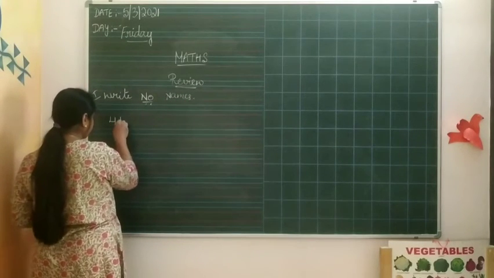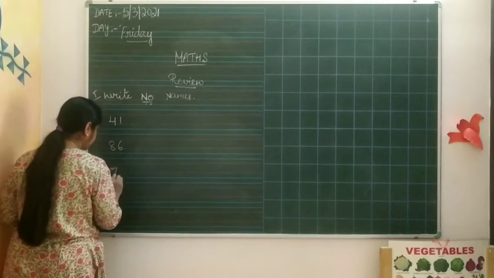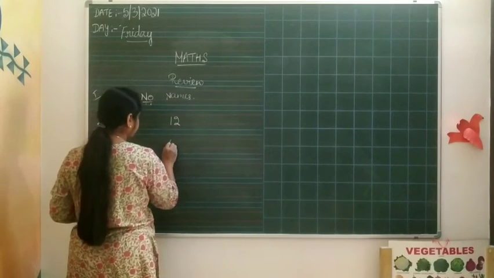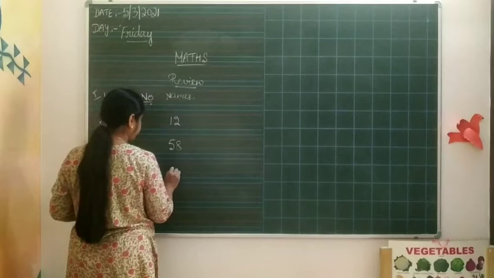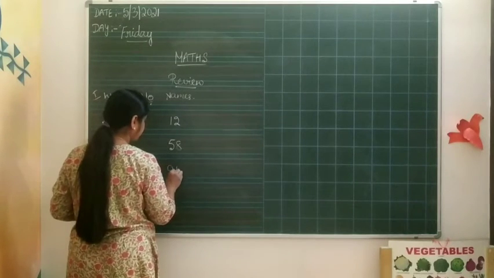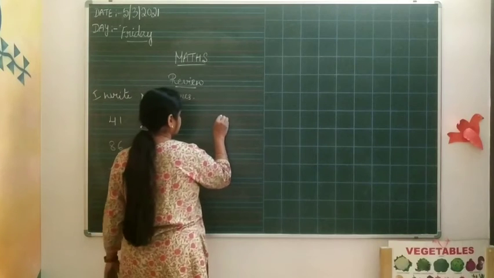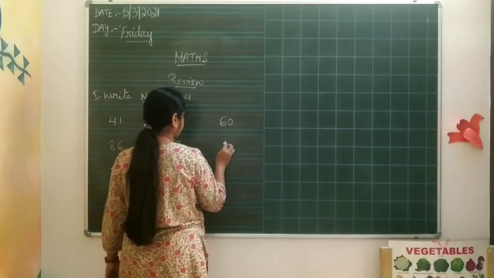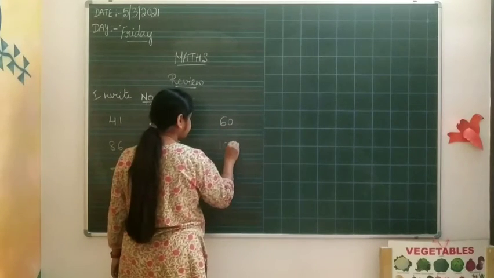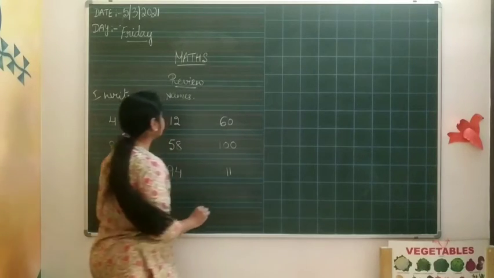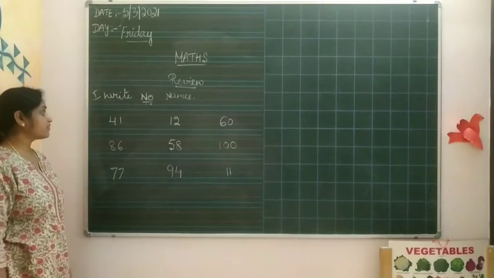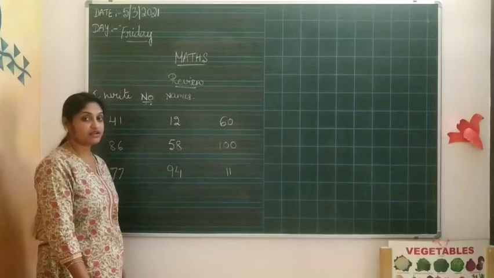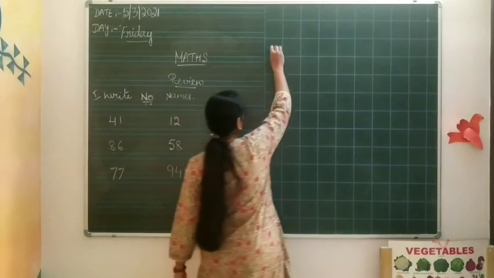Okay, 41, 86, 77, 12, 58, 94, then 60, 100, 11. Okay, you have to write the number names for 41, 86, 77, 12, 58, 94, 60, 100 and the 11.